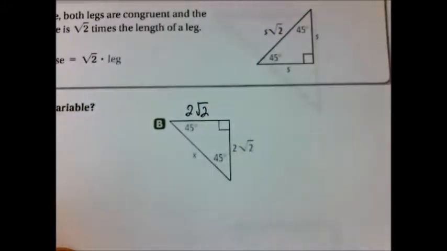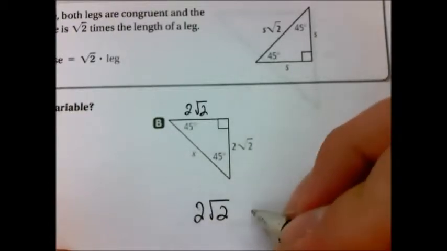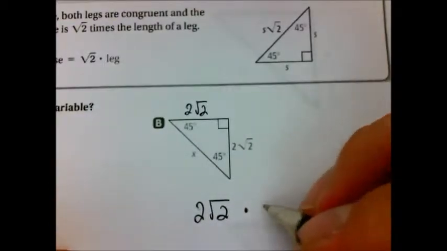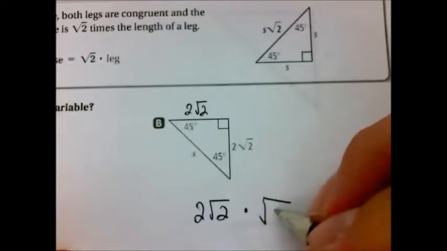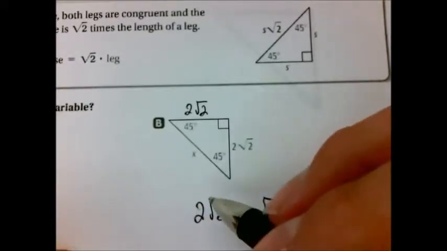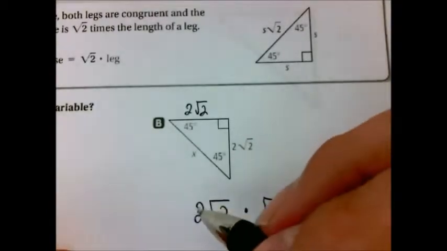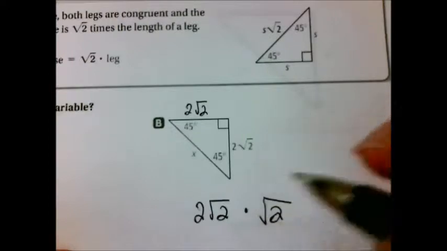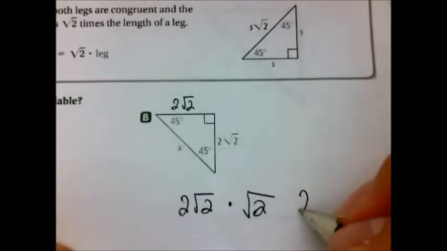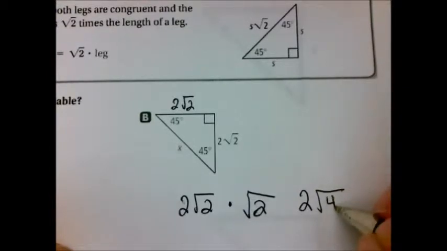And we know that this is going to be 2 square root 2 multiplied by square root of 2. Remember, we multiply the outsides together and we multiply the insides together. There's nothing outside the second one, so we just rewrite 2. Inside is 2 times 2, so we have square root of 4.